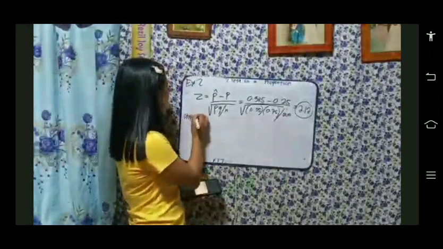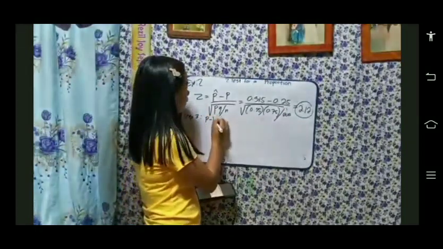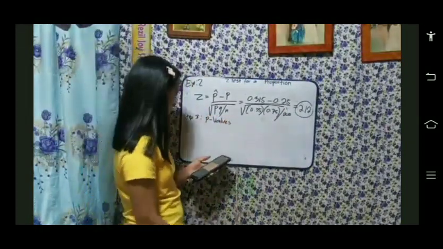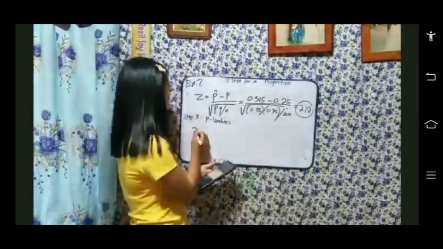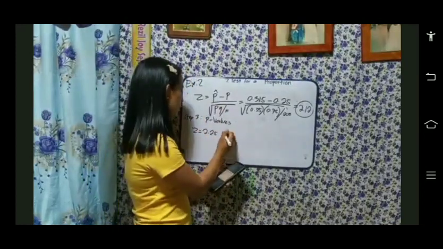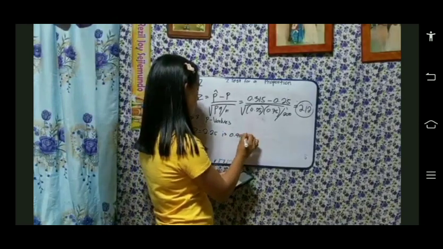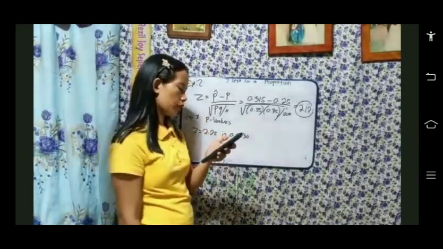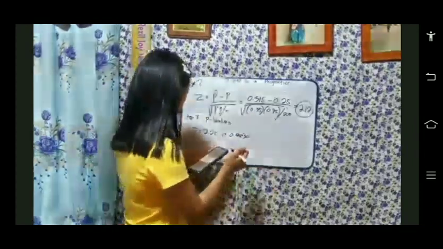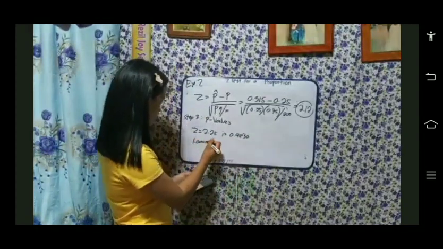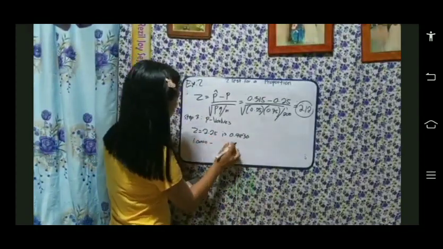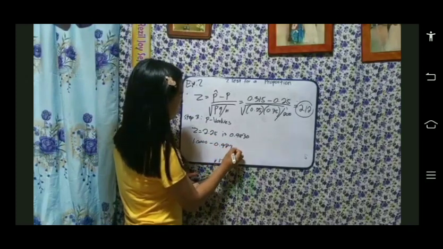So step 3, find the p-value. The area under the curve for z is 2.12, is 0.9830. Use the normal distribution table. So subtract the area from 1.000 minus 0.9830.